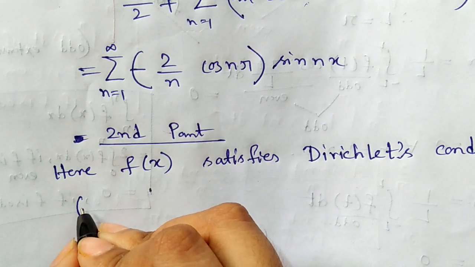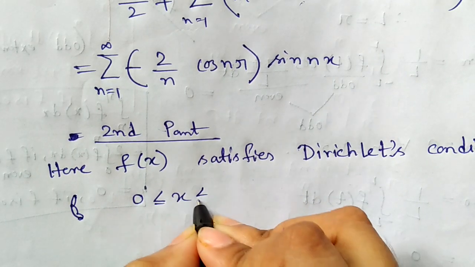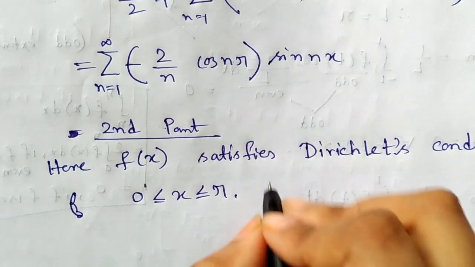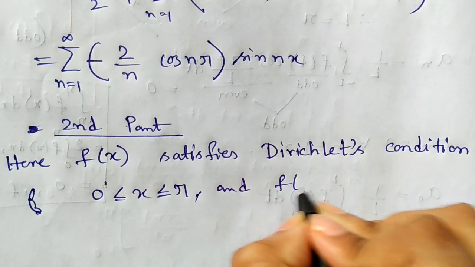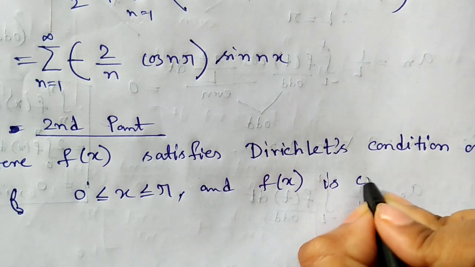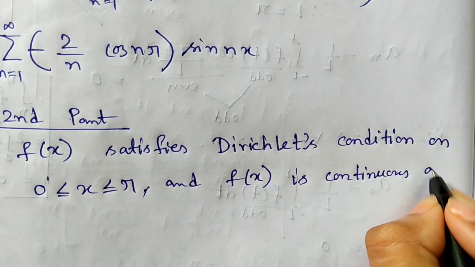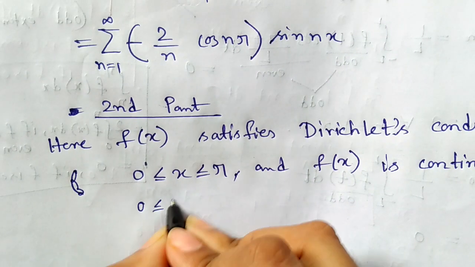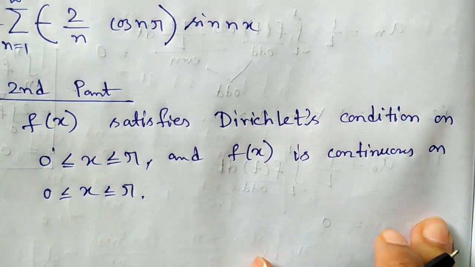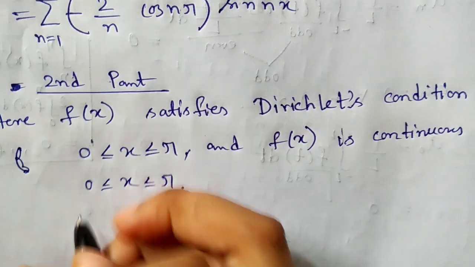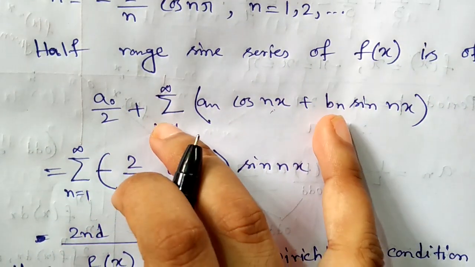So given domain is 0 less than equal to x less than equal to pi here, and also if fx is continuous on this section 0 less than equal to x less than equal to pi. Okay, so we can write fx equal to this Fourier series.